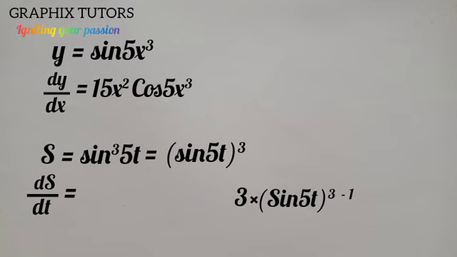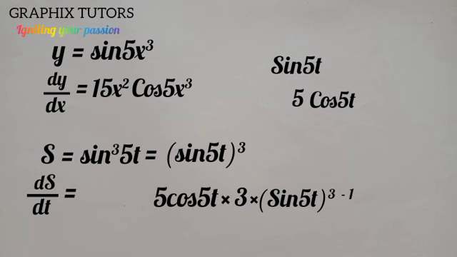Then it doesn't end there. Now you differentiate the inside. If you differentiate sine 5t, you'll have cos 5t. Now you differentiate 5t, and that will give us 5, as I showed you in my previous video. This is what I will now place in front of the 3 to multiply everything.